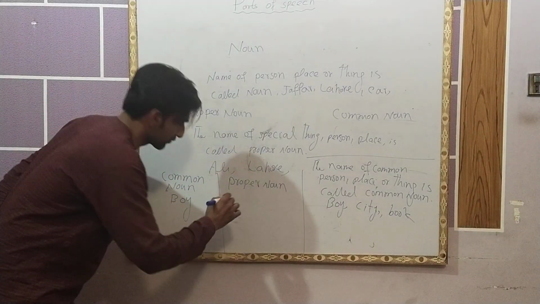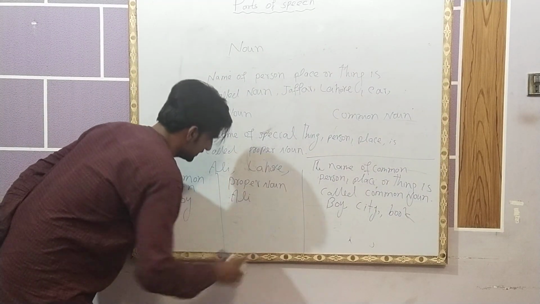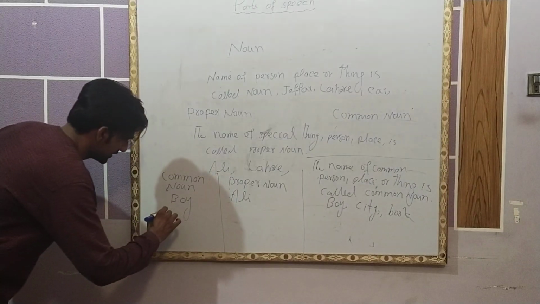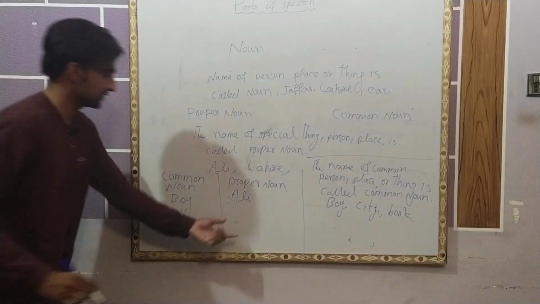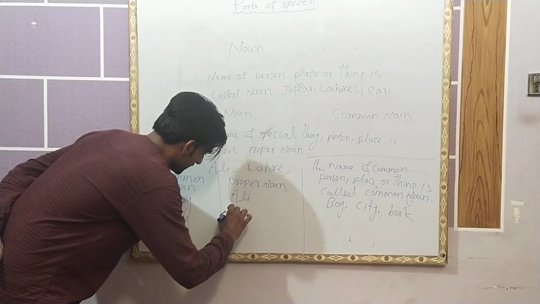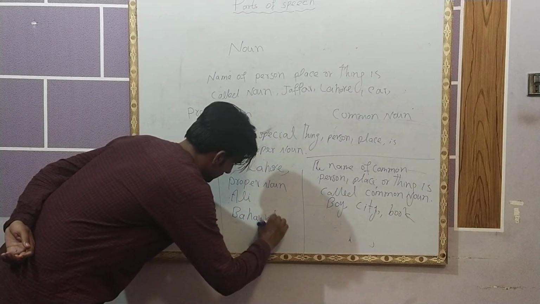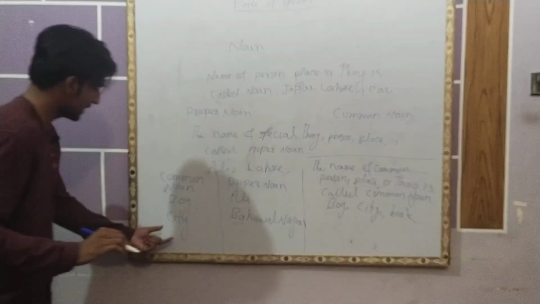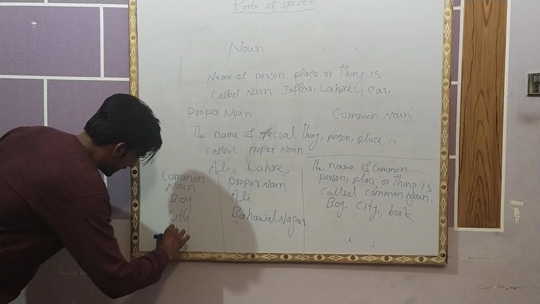I write any name of a boy, like Ali. You can write your favorite name. I write here city. You can give a name to any city, like I write here Bahawalnagar. Here I write things, I write book.